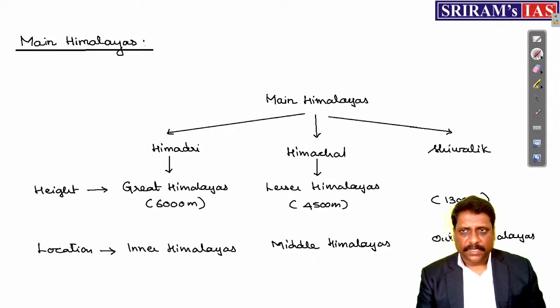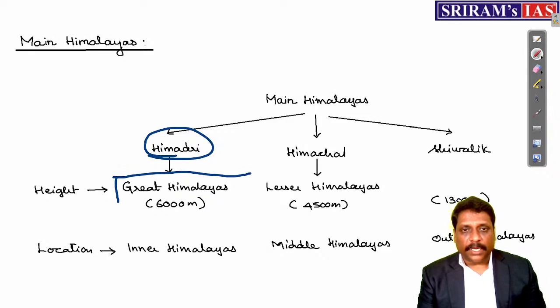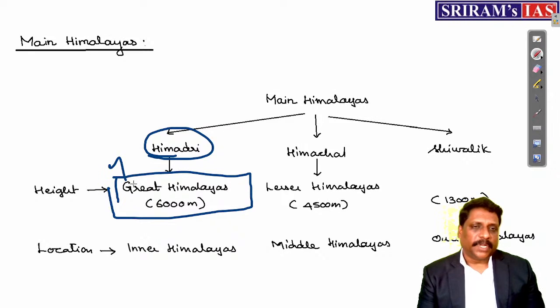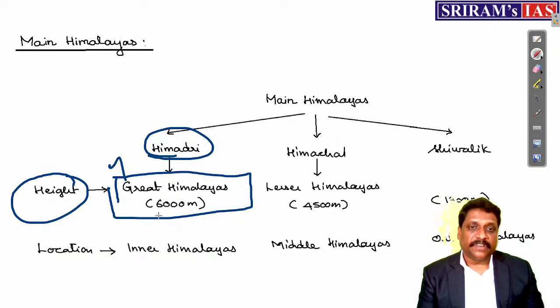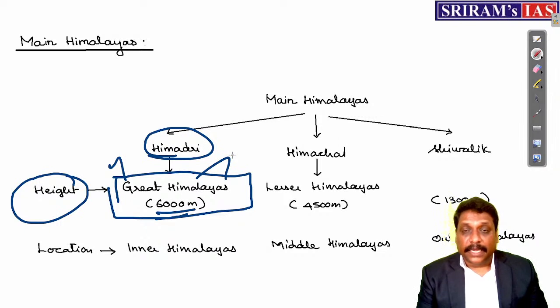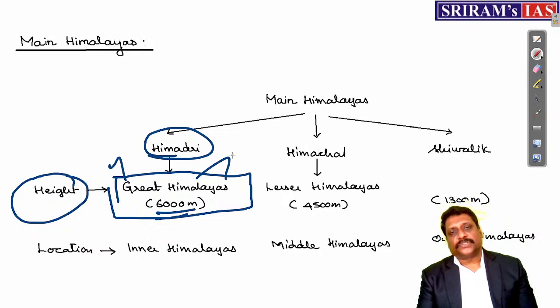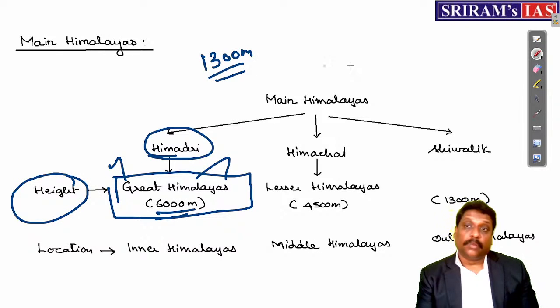Now, my dear friends, when I talk about the main Himalayas, the Himadri particularly, sometimes you call it the Great Himalayas. Why is it called the Great Himalayas? For the simple reason, height. What is the height? See, my dear friends, 6,000 meters. Trans-Himalayas is also 6,000 meters. Great Himalayas is also 6,000 meters. See, 1,300 meters itself, we said it is tall mountains.